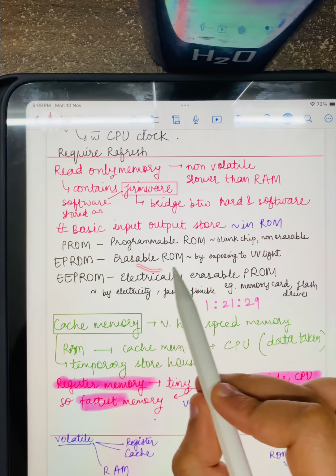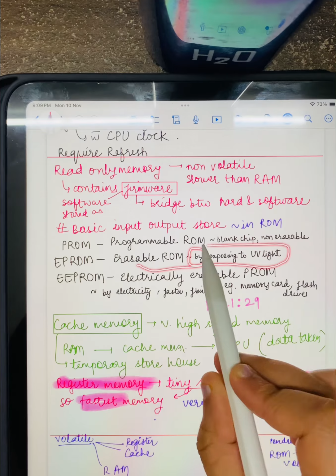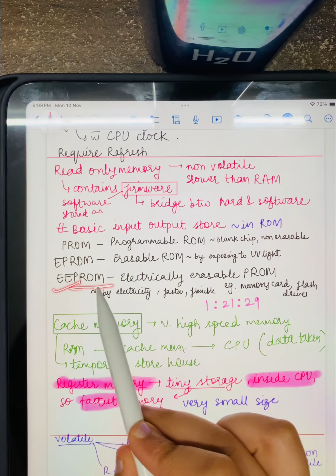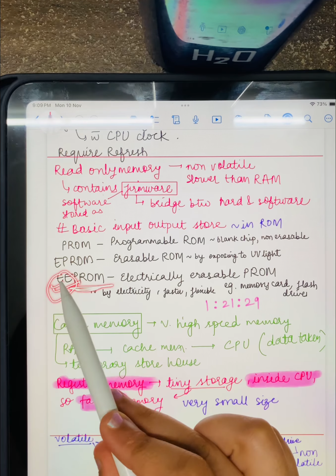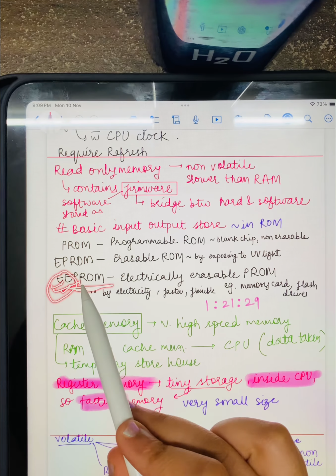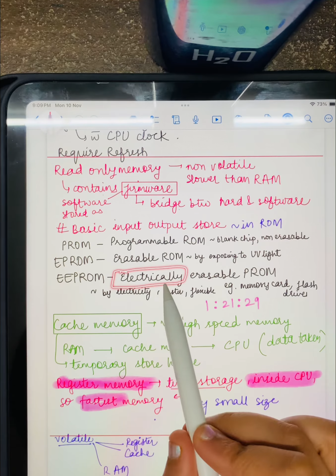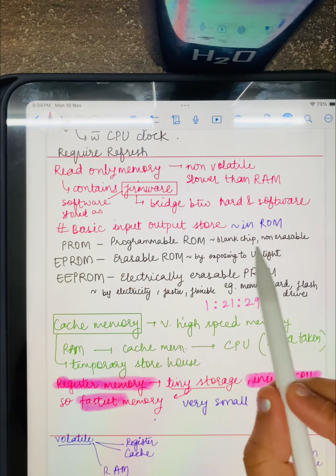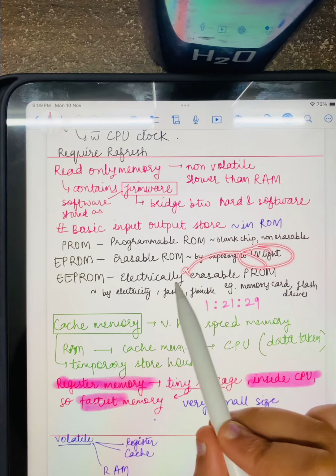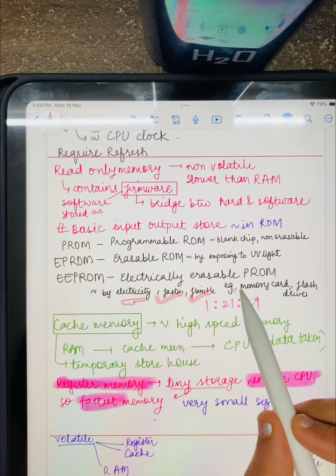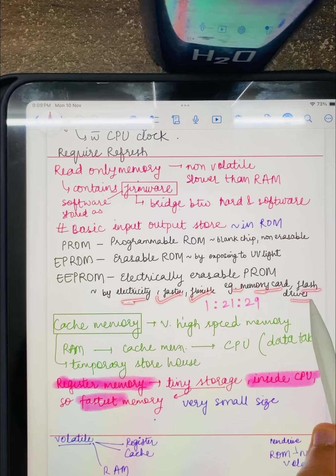The erasure is possible by exposing it to UV light. Then EEPROM, where E is electrically erasable programmable ROM. Using electricity to erase is a better version than using UV light. By electricity it is faster and flexible. Examples: memory cards, flash drives.